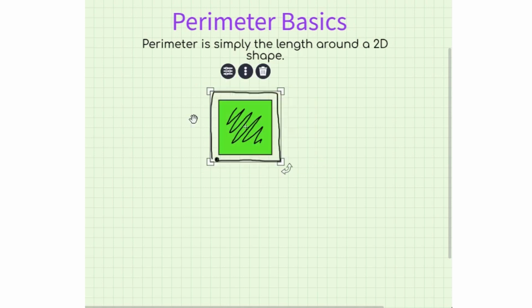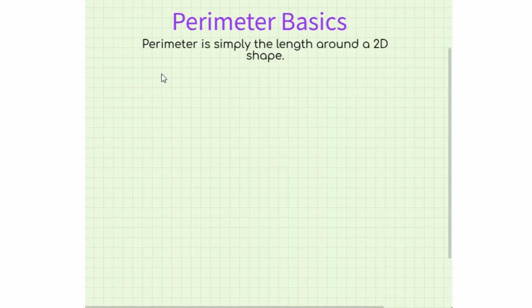Let's get rid of this. Okay, let's start with the square. Now when it comes to a square, the main characteristic of a square is that all of the sides are equal, right? In a square, this side is equal to this side and this side equals this side, right?